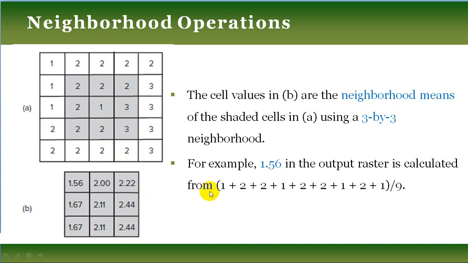So here we basically calculate neighborhood means. Based on the focal cells, we calculate the mean and create a new output raster. We do not consider the edges of the input raster pixels here.